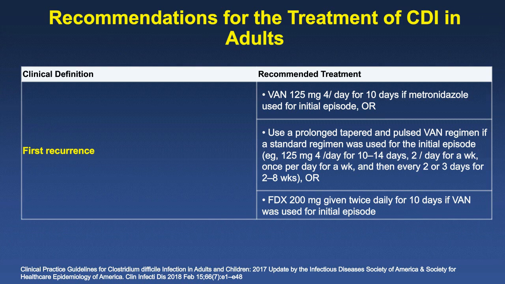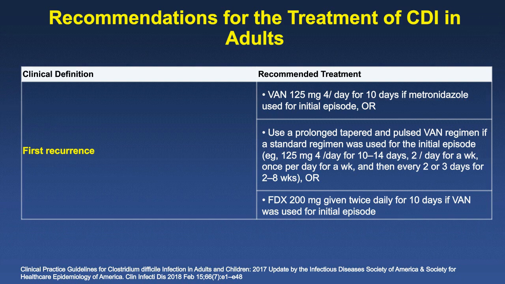The use of a prolonged and a pulse tapered type regimen with vancomycin has been advocated strongly here in the first recurrence. Again, the challenges here, I think, are medication adherence and compliance with a somewhat challenging regimen. And then fidaxomicin has been noted here as an agent with utility for first recurrence.